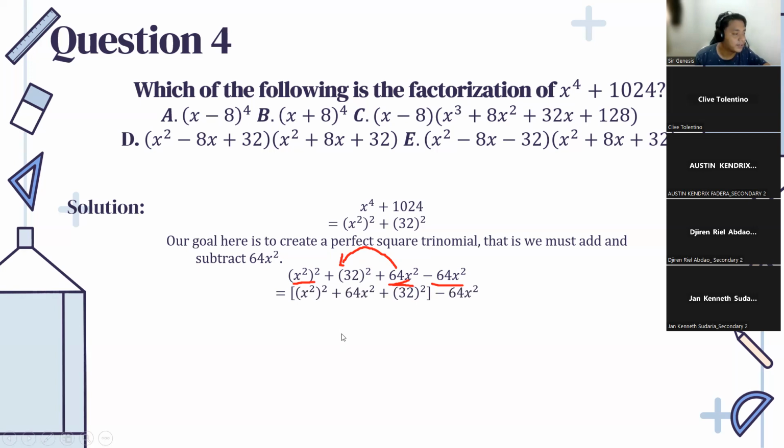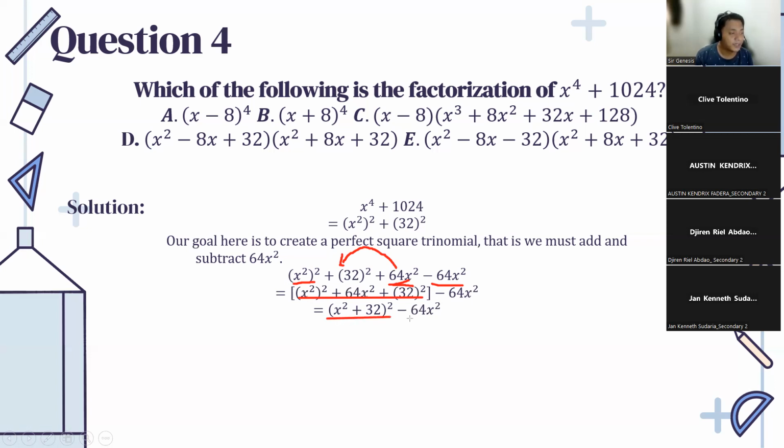As you can see here, we have x squared plus 64x squared plus 32 squared minus 64x squared. Now this right here becomes a perfect square trinomial. This perfect square trinomial can be expressed as x squared plus 32 quantity squared. While in this one, we have minus 64x squared.